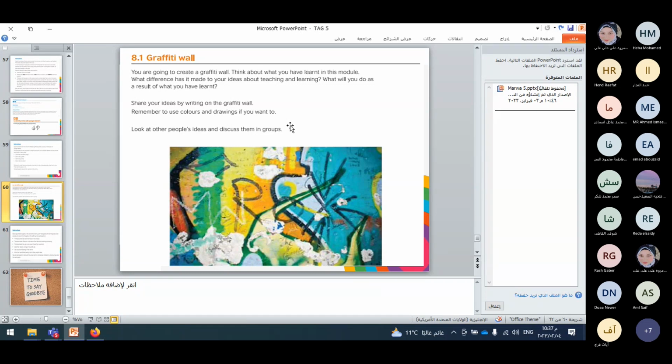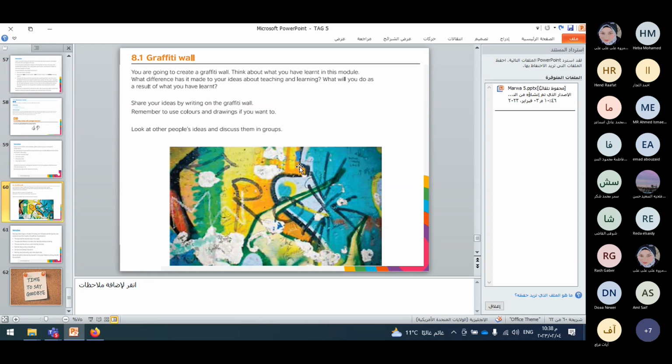So the last activity here is a graffiti wall. It's for reflection or giving feedback. At the end of the module, if we were in this session in a face-to-face mode or on-site mode, I would give you a flip chart, a very big sheet of paper.